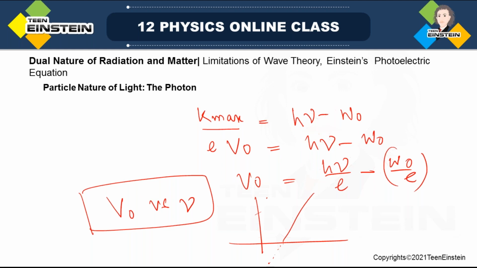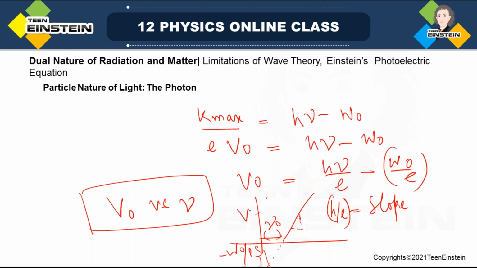It intercepts here, giving minus W0 by e, and this frequency will be nu zero. The slope of this curve will give you the Planck constant.